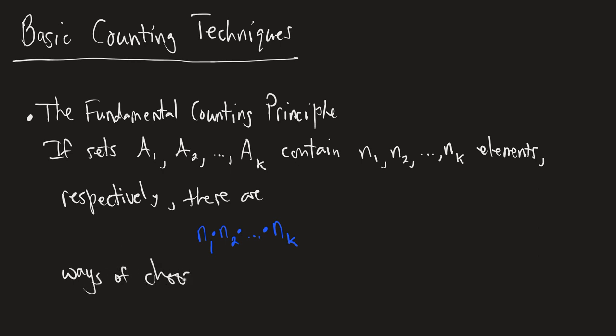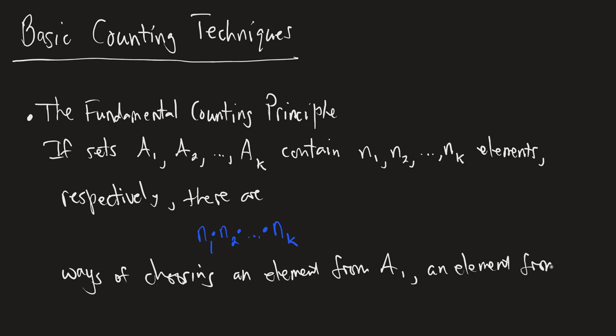of choosing one element, so let's say an element from A1, an element from A2, dot, dot, dot, and finally an element from A sub k.